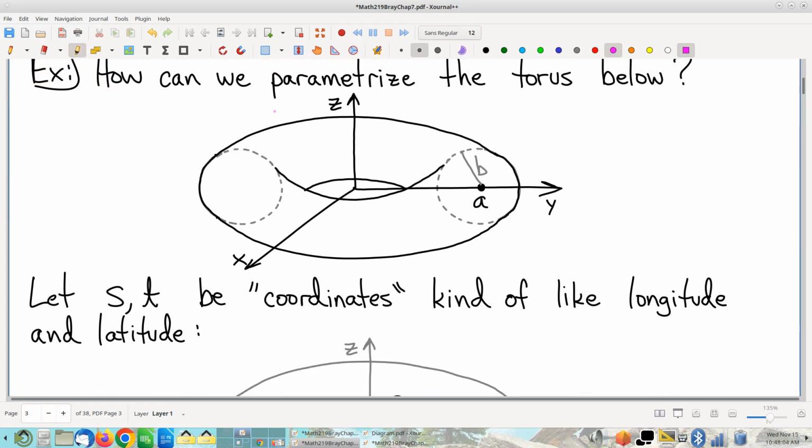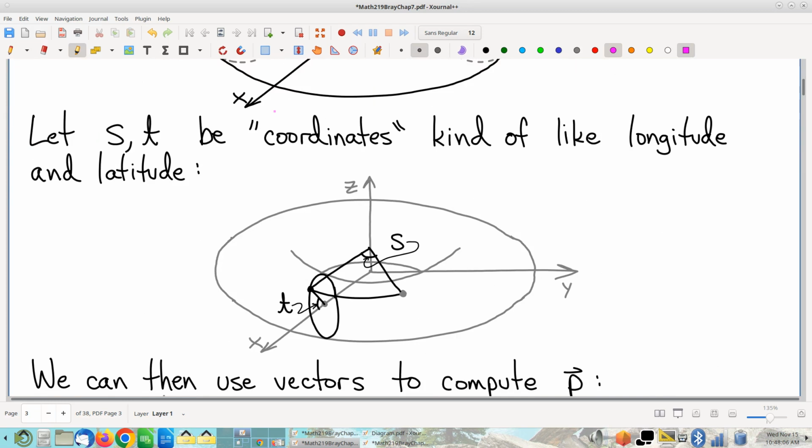And so I propose, I think it's a reasonable choice, that we would talk about first, wherever your point is, how far around do you have to rotate from the xz plane, the positive x portion of the xz plane, to get to that point.